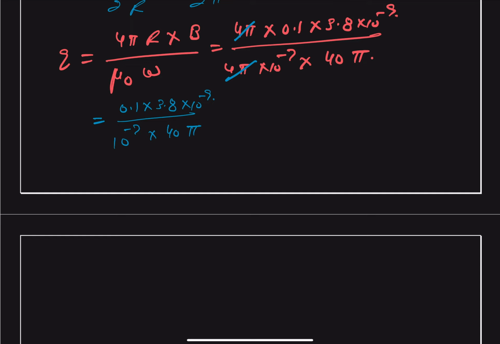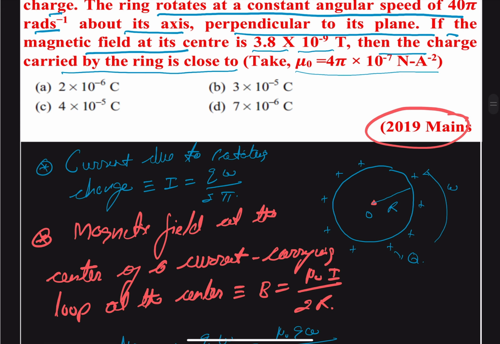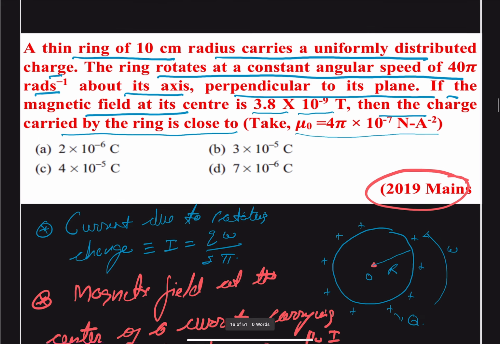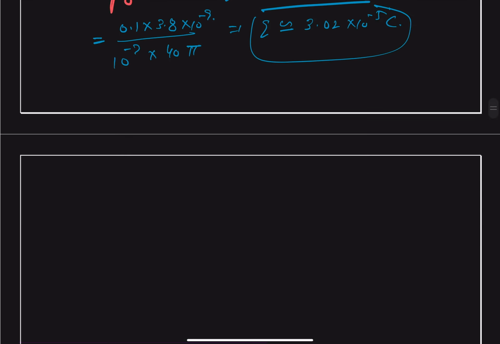And our charge q will be approximately equal to 3.02 into 10 to the power minus 5 coulomb. That is closely 3.5 into 10 to the power minus 5 coulomb, so we can say option B is the correct one. Option B is correct.